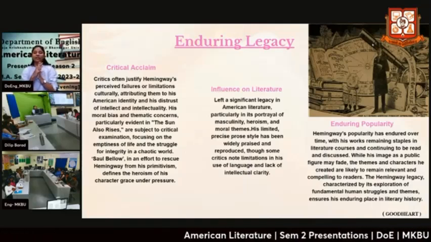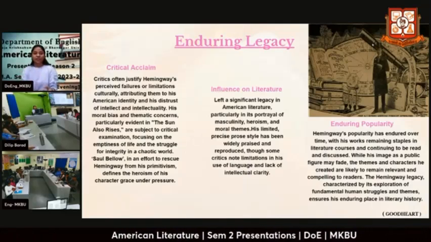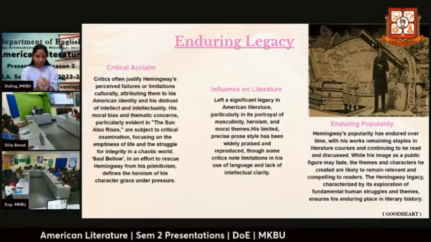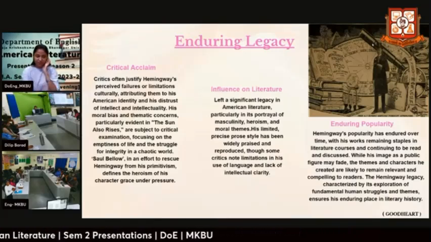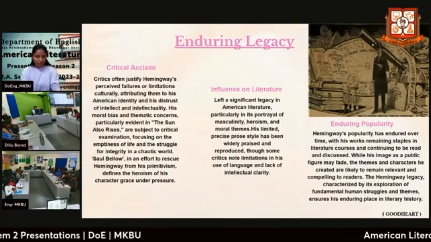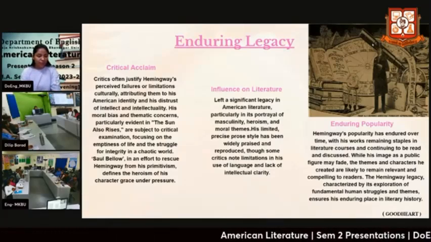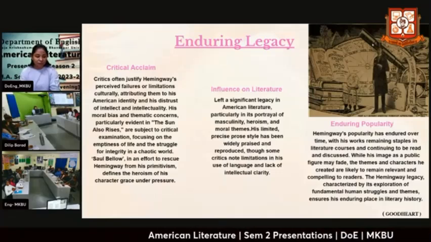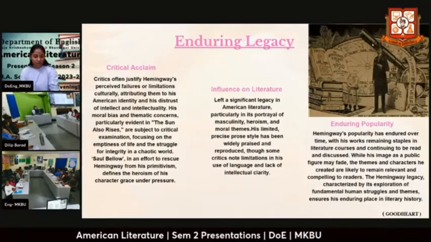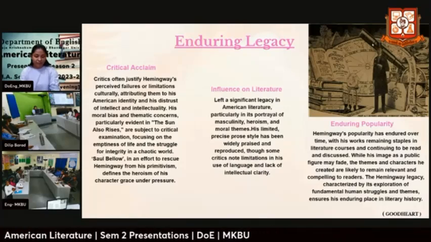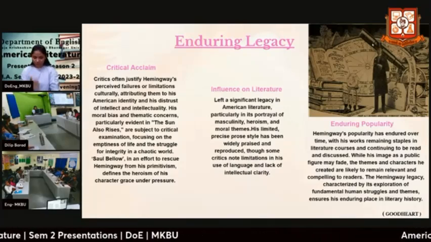There are several critics, as we know. There's always a critic, but one who took his side was Saul Bellow, who, in an effort to rescue Hemingway from his primitivism, defines the heroism of his characters as grace under pressure.